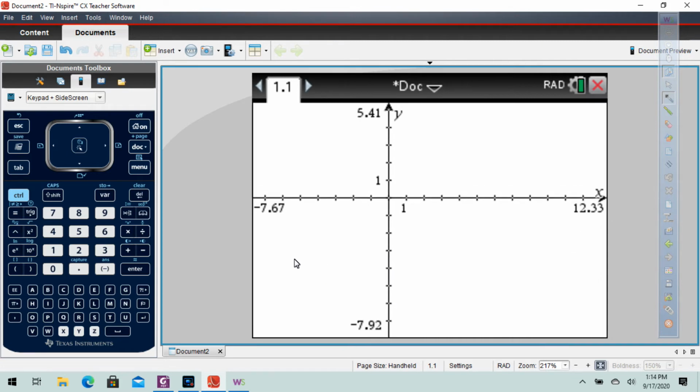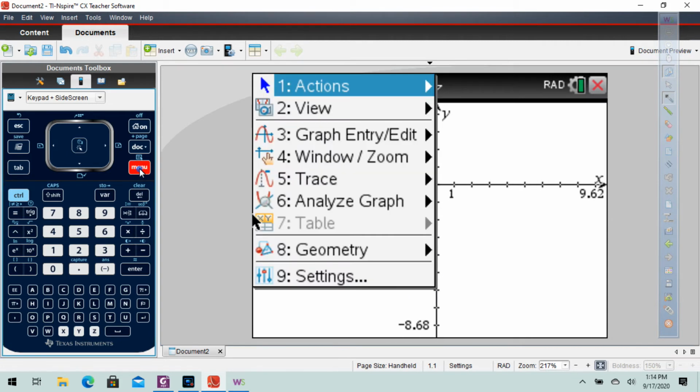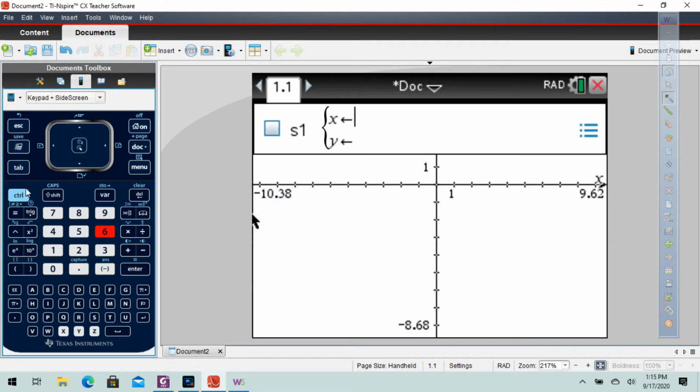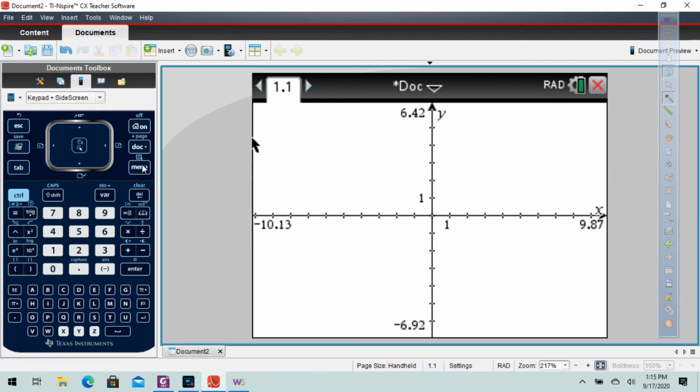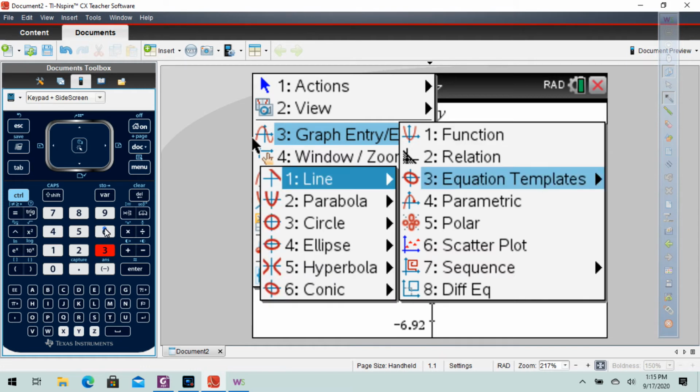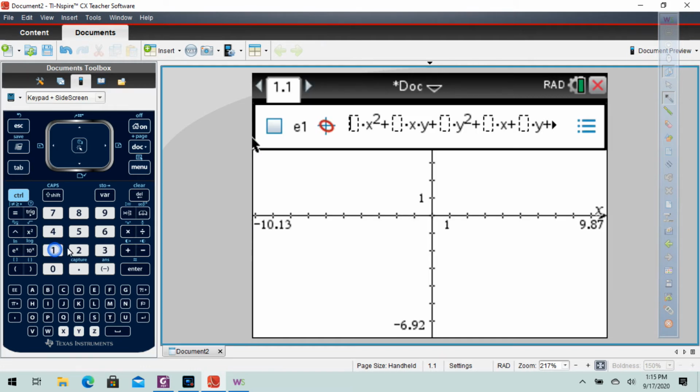So what do we got? Menu, 3, 3, 6, 1. X squared. Do we have an x squared there?